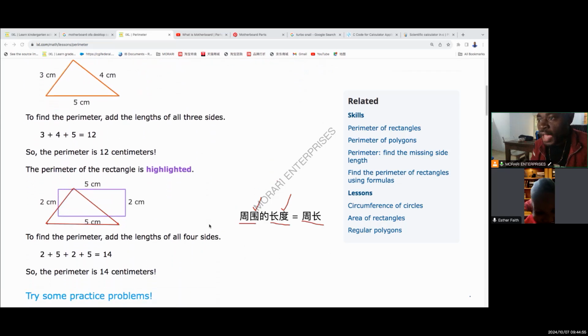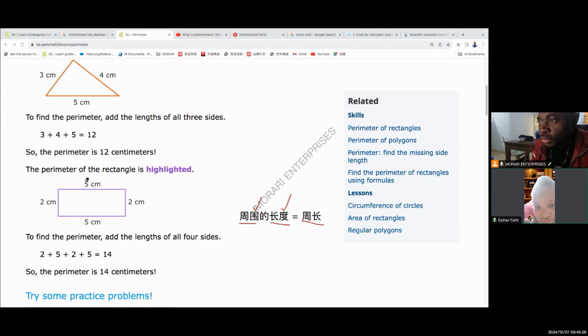So let's look at this one. This one is a rectangle, with 4 sides. So what's the perimeter here? The perimeter is 2 centimeters plus 5 centimeters plus 2 centimeters plus 5 centimeters.